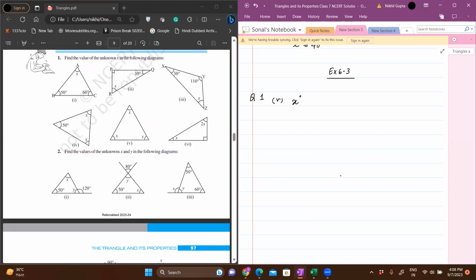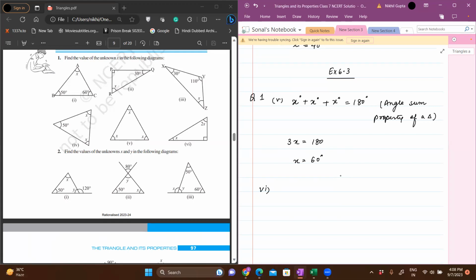The sum of all the interior angles is always 180 degrees. So if we total them up, that should be equal to 180 degrees because of the angle sum property of a triangle. So 3x equals 180 degrees, x will be equal to 60 degrees each. So every angle will be 60 degrees here.